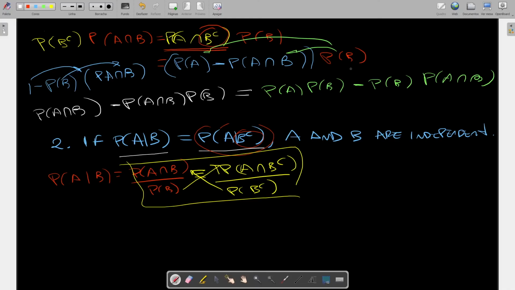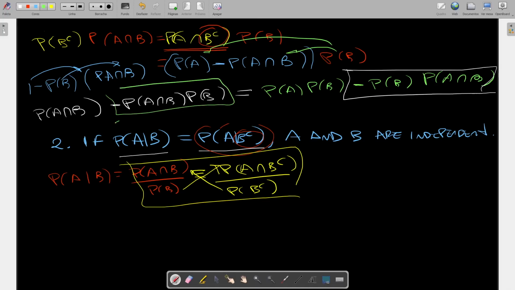Now let's look at what we have to work with. We have this one here. Notice that it is exactly the same thing as what we have here, so we can remove both of these.